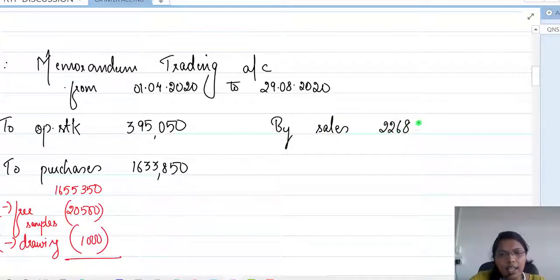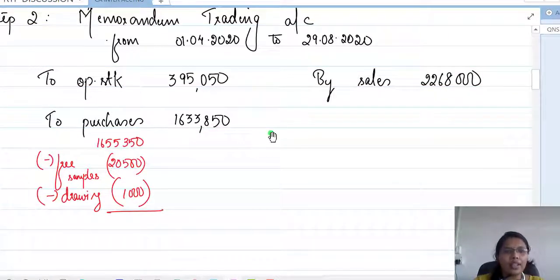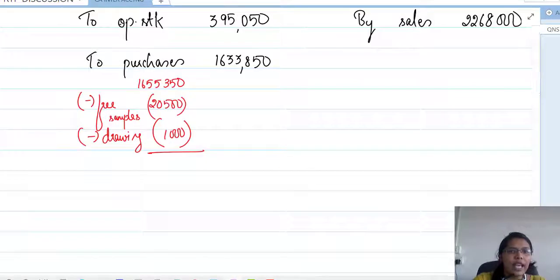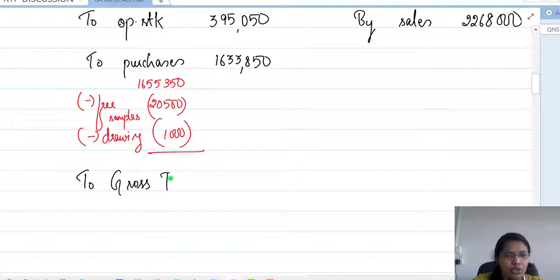Now in this memorandum trading account, our purpose is not to find the gross profit, but our purpose is to find the stock that was actually present at the time of the fire. So therefore, the closing stock is what we are going to get as a balancing figure. If that is to be arrived at as a balancing figure, it means gross profit should already be available to us.